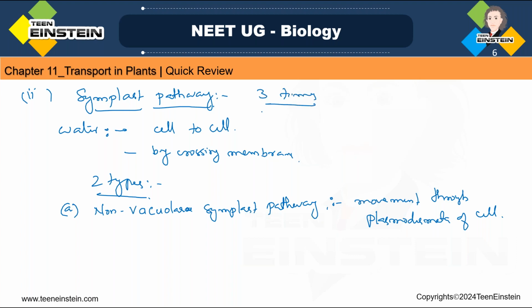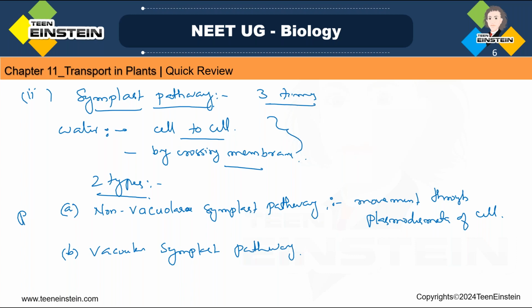Here the movement takes place cell to cell by crossing the membrane, and there are two types in this symplast pathway: non-vacuolar symplast pathway and vacuolar symplast pathway.